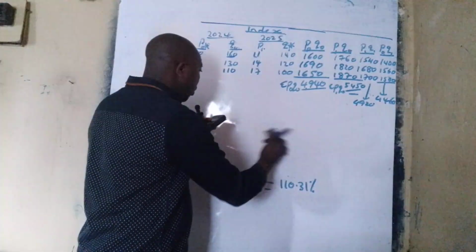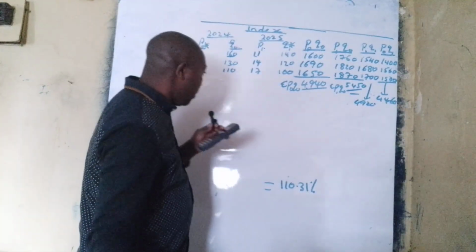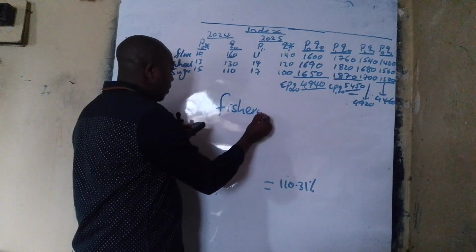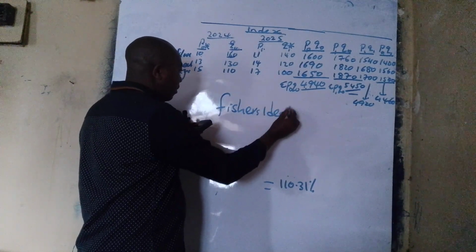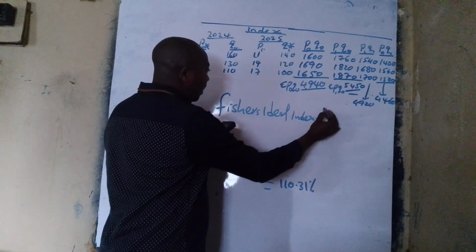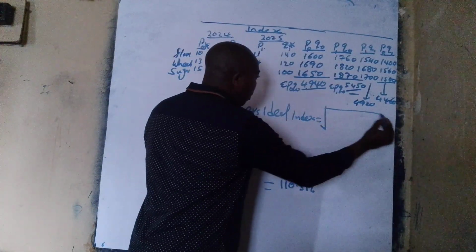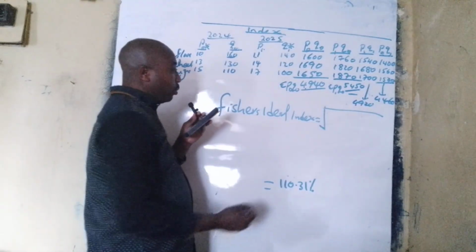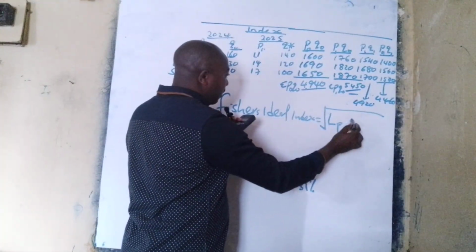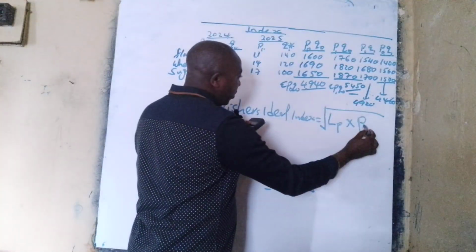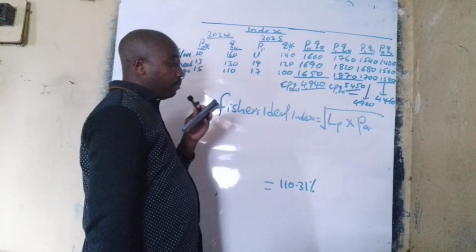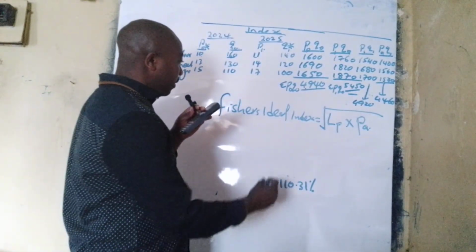Now, when you talk about Fisher's ideal index, this is the easiest because we talk about the square root of the Laspeyres index times the Paasche index.